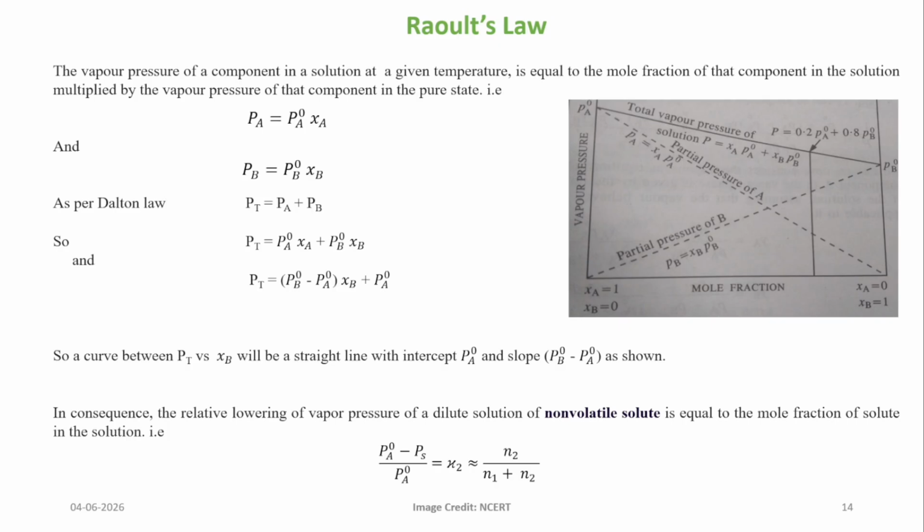Now, I would take another example. If I have to write another statement of Raoult's law for a binary solution, binary means having two liquids in it.